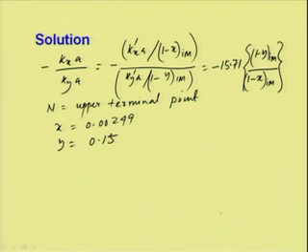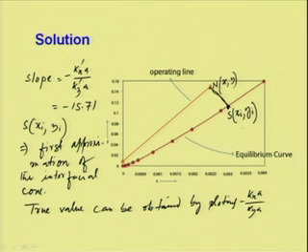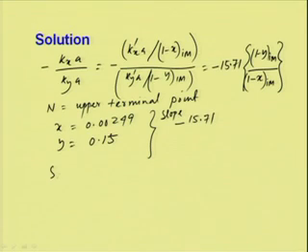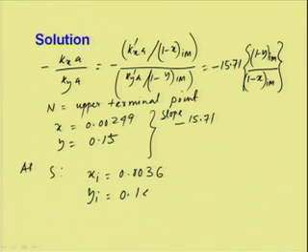If we plot with the slope of minus 15.71 from this point, then it will meet at point S. Here, the values of x_I and y_I at S are: x_I is 0.0036 and y_I is 0.14.